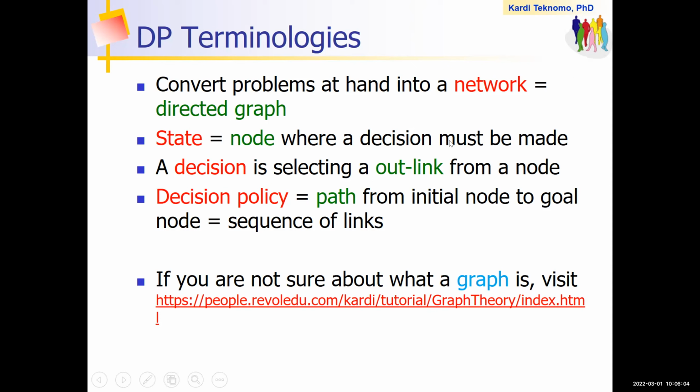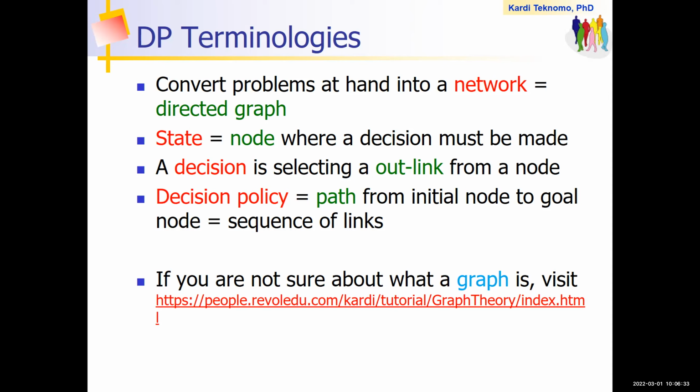Basically, you can think of your problem as a network. A network is basically a directed graph, so it consists of nodes and links. The nodes are called states in here. This is where the decision must be made. And then the decision itself is represented by an outlink from a node.